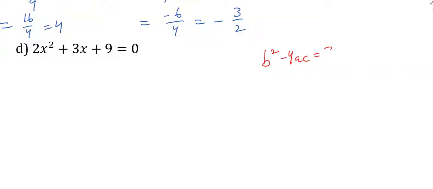It's 3 squared minus 4 times 2 times 9, which is 9 minus 4 times 2 is 8 times 9 is 72. 9 minus 72 is negative 63.